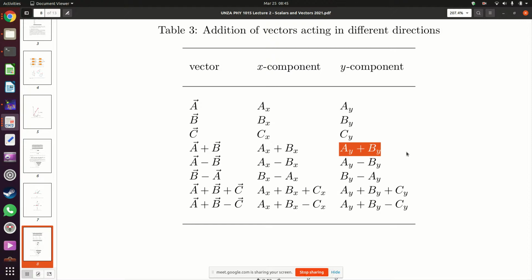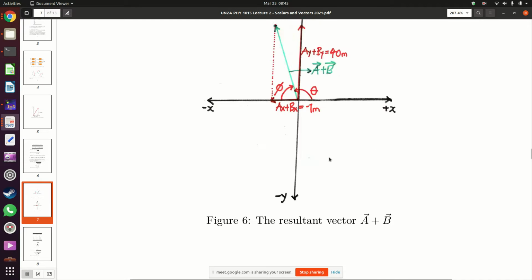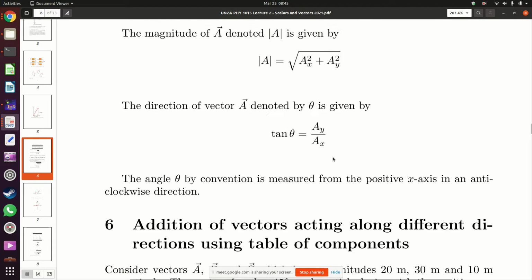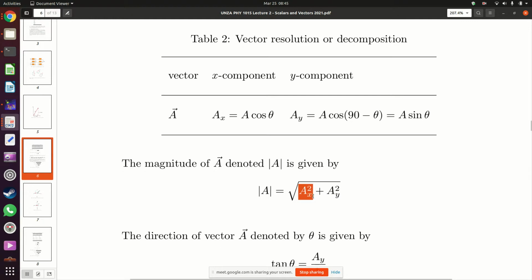You're just adding these. So this is going to give you how much a plus b is along the x-axis. Then this is going to give you how much a plus b is along the y-axis. Once you know how much a vector is along the x-axis and how much it is along the y-axis, you can use a version of this formula to find the size of this vector a plus b, which has ax plus bx along the x-axis and ay plus by along the y-axis.